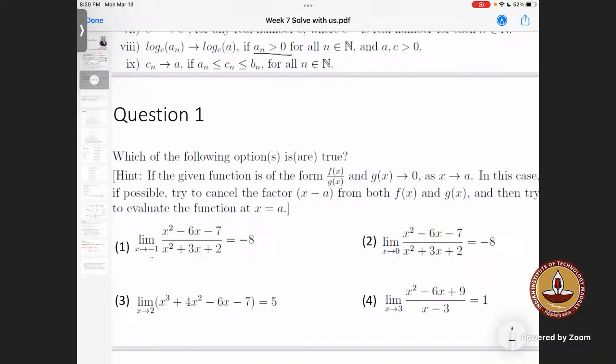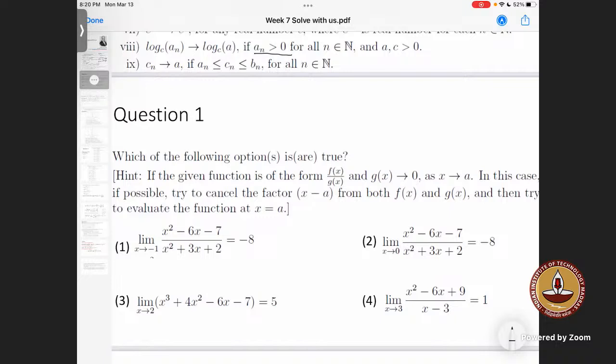Good. Actually, we don't have to put values directly in these equations. If it is a polynomial kind of function, then you can directly put the value. For example, there is no problem in putting the value directly in question number 3. But in the other options, 1, 2, 4, you have to check, because it gives undefined values.